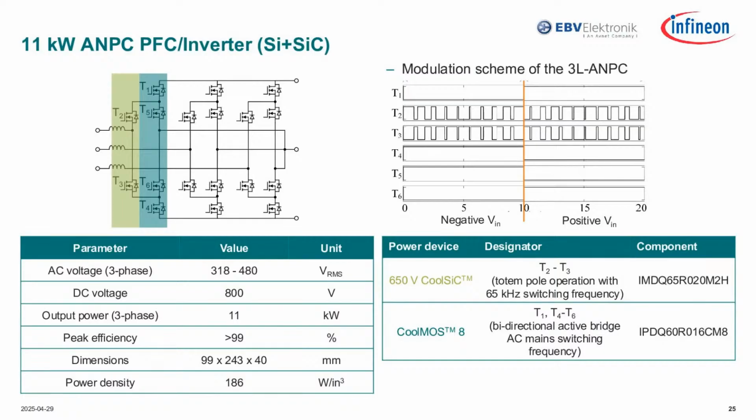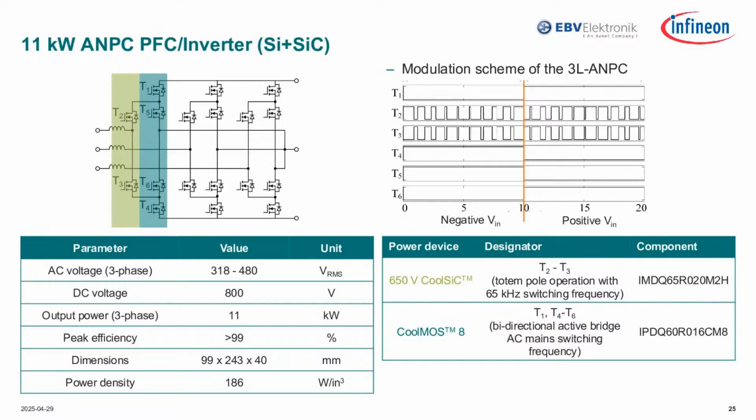And in here, you can imagine that we have a lot of moderation to select which part goes where. For example, our moderation scheme allows us to use relatively fewer wide bandgap device components. In here, only the middle leg, only these two devices, T2 and T3, use silicon carbide.